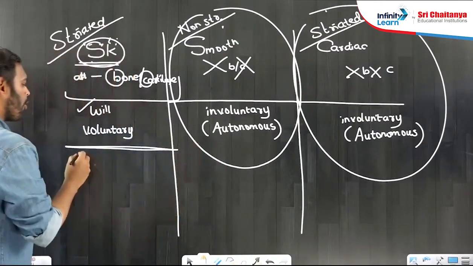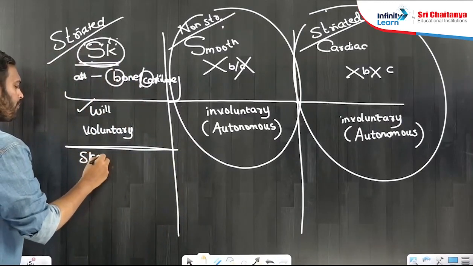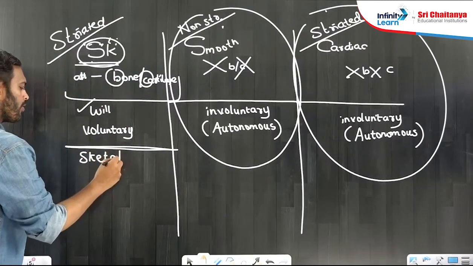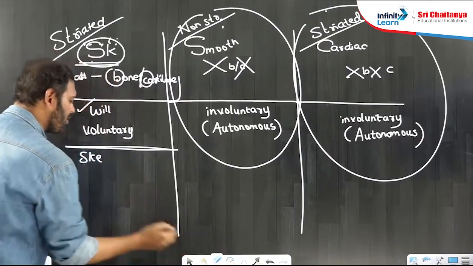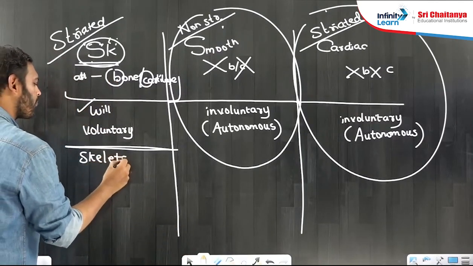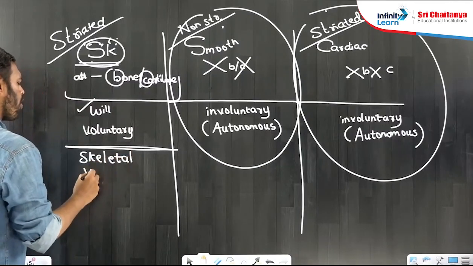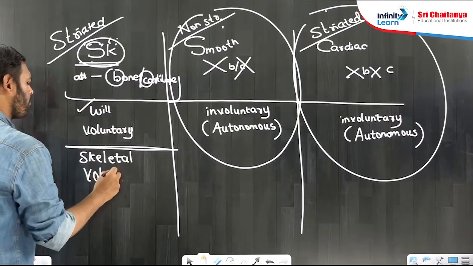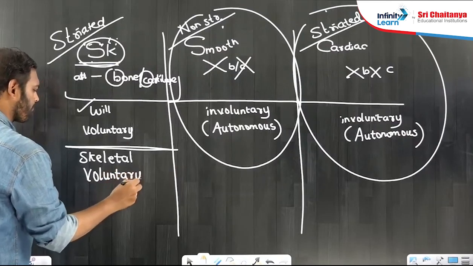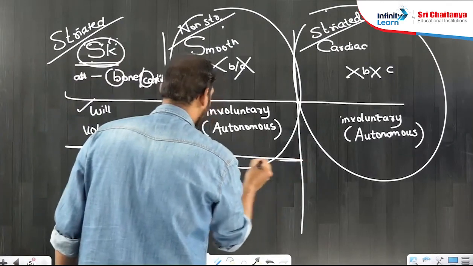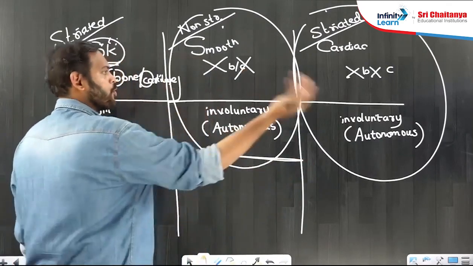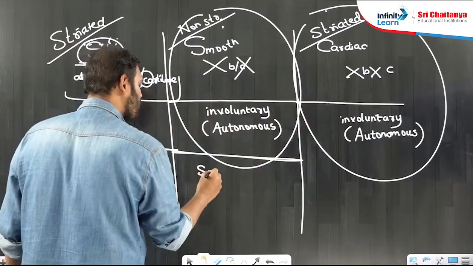Guys, we call them skeletal muscle. We call this skeletal muscle or voluntary muscle, up to you. Whereas smooth is told as smooth muscle.